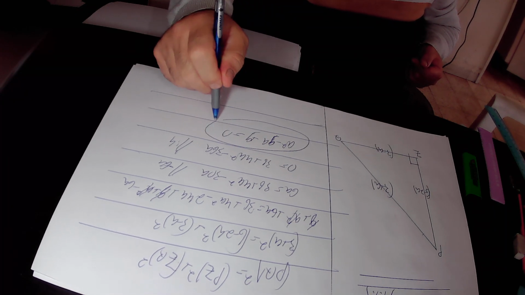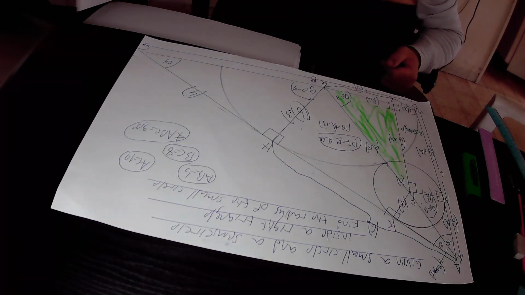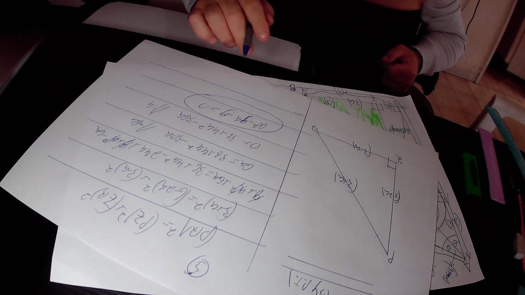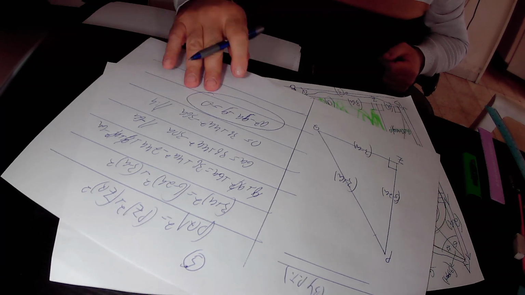So actually this is a quadratic equation. Again, a² minus 9a plus 9 equals 0. It is a quadratic equation.